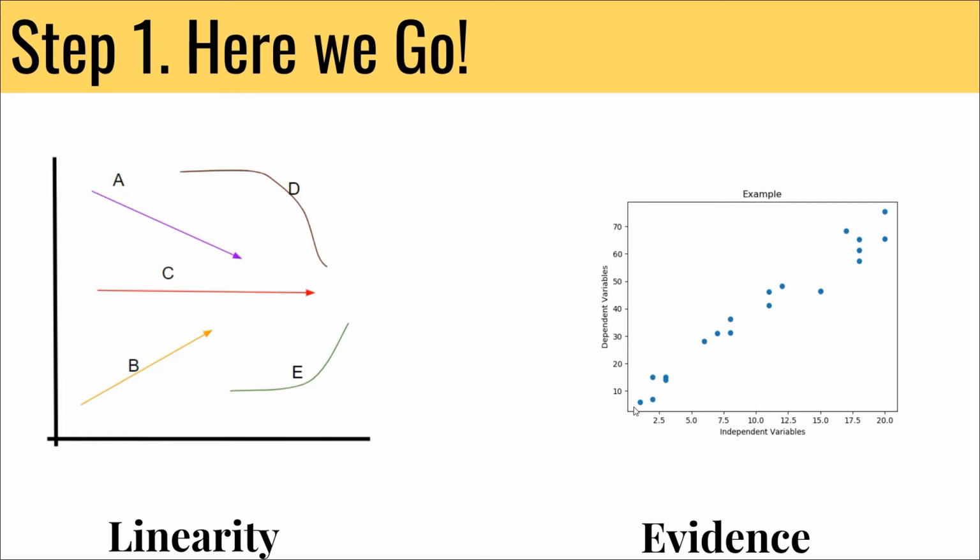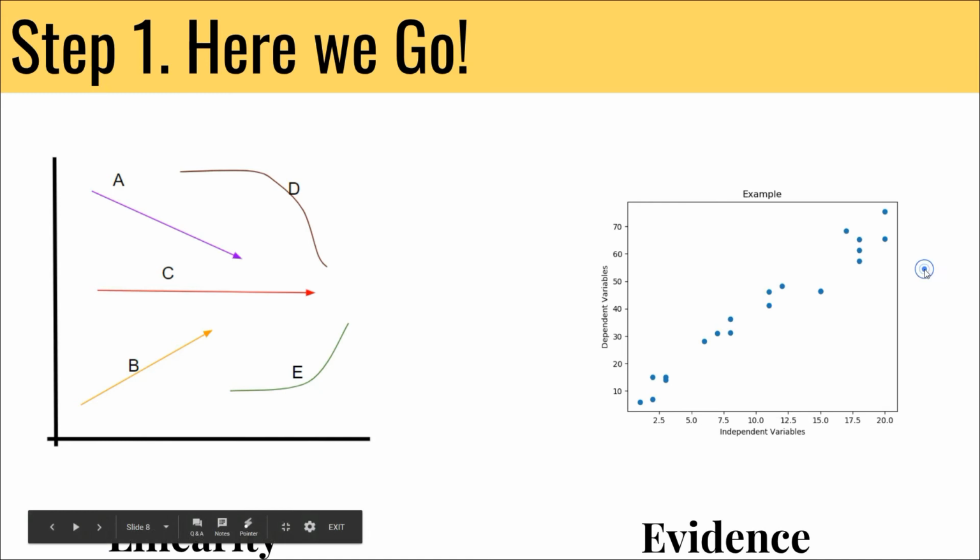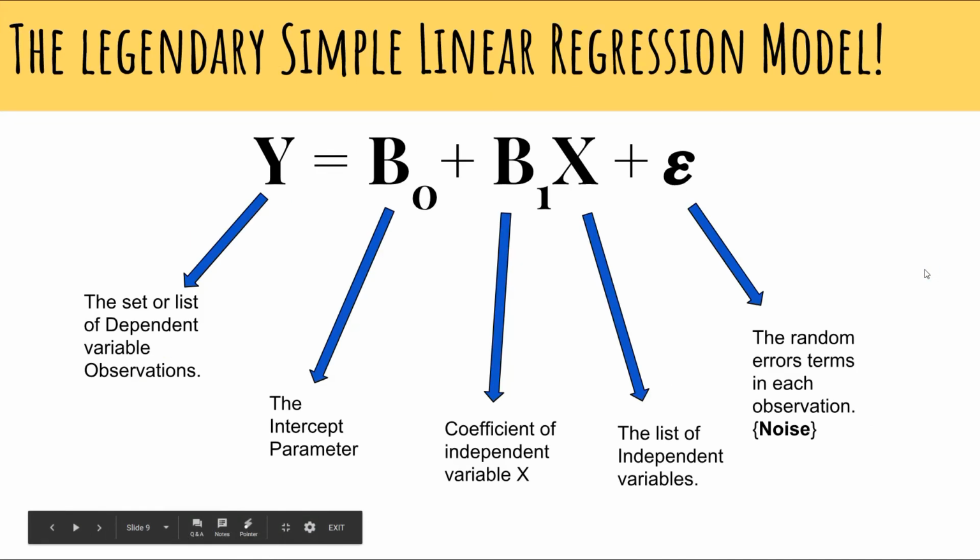So first, plotting our data on the x and y axis on a scatter plot, we see that there is a very nice deal of linearity between our data sets, and thus we can proceed as our step 1 is cleared. Now moving further, we have the legendary simple linear regression model.